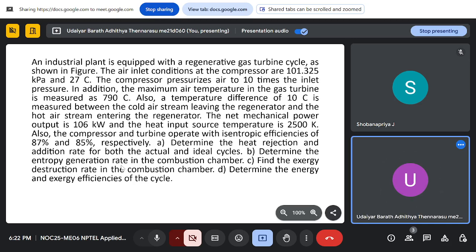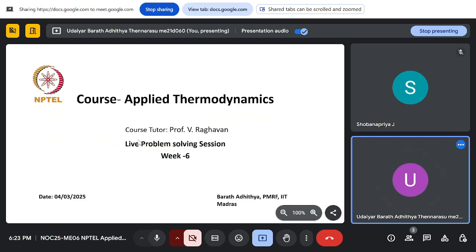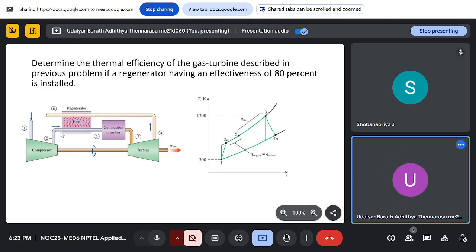So I'll first break down what is given. We know the inlet to the compressor, the temperature and pressure is given, then the pressure ratio is given as 10 and the maximum temperature is given. So that will happen after the combustion chamber. So your turbine inlet temperature is given, 790 degrees Celsius, and they are saying that the temperature difference, so I'll just go back to the regenerator.